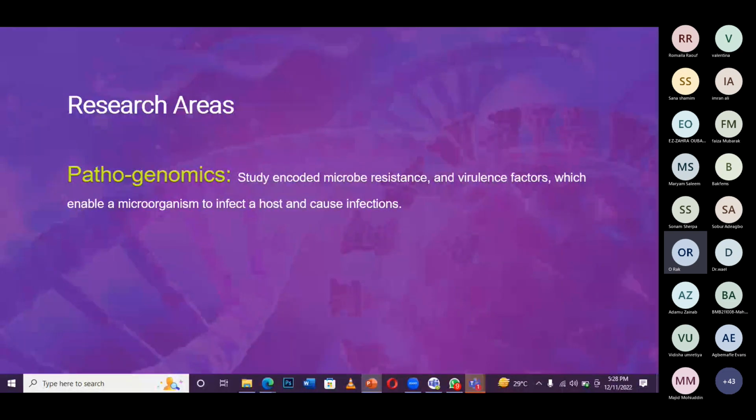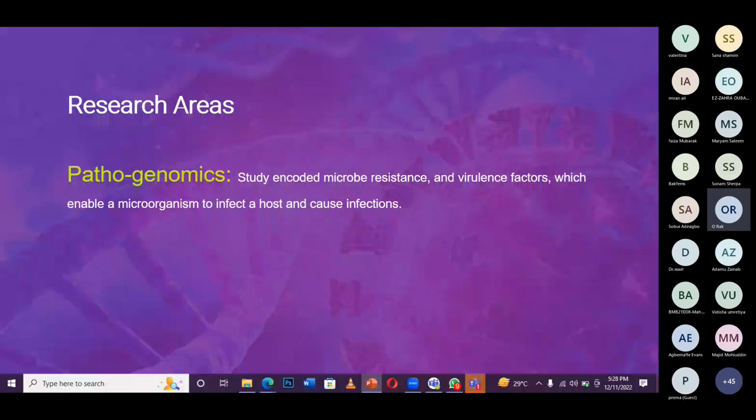So if you embark on this research, you are narrowing down your research from the entire genomic structure of the pathogenic organism to a specific area associated with a particular disease or pathogenic infection caused by the organism you're exploring.